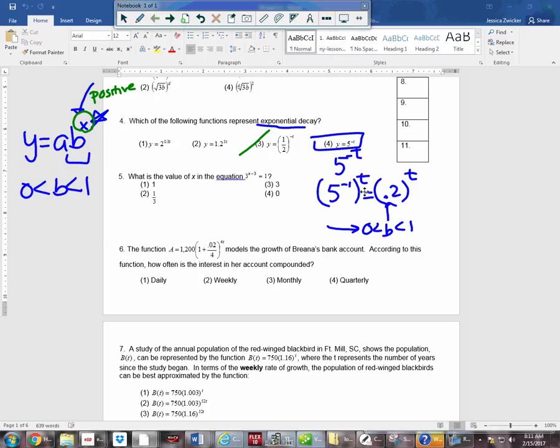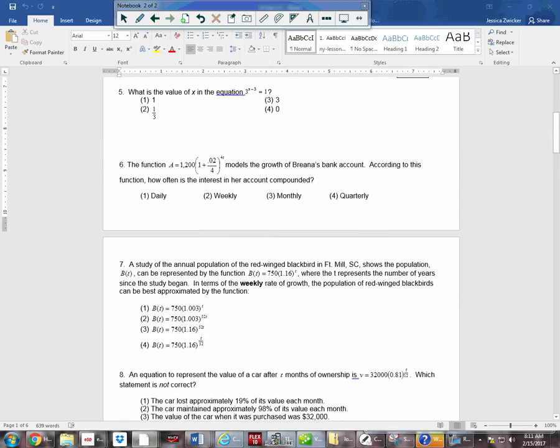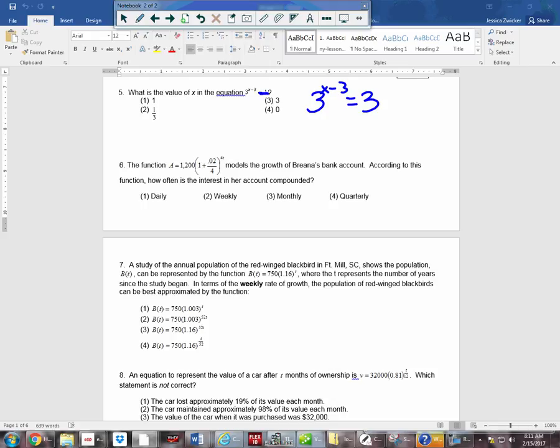Another frequently missed question was number 5. When we solve exponential equations, we have to have a common base. So I need to rewrite this 1 as 3 to some power.